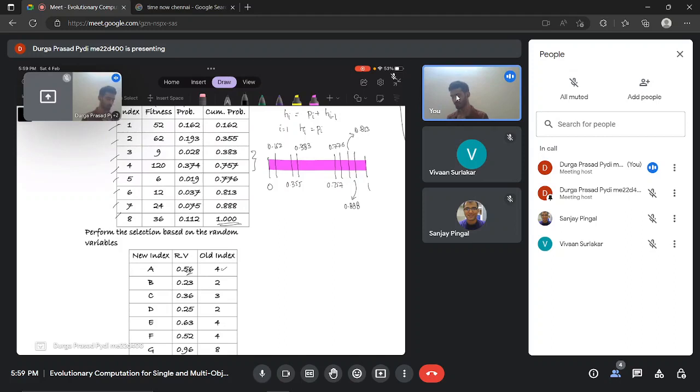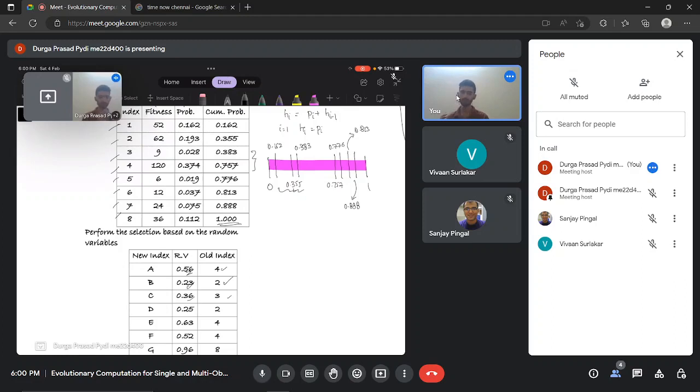Now if the next random number is 0.23, it is between 1 and 2, so we choose the other extreme, 2. You can go with either one, you just follow it consistently. If you're choosing the left one, do it consistently. If you're choosing the right one, do the same for all of them. Then next comes 0.36. It is between these two, so you select the right one, again 3.